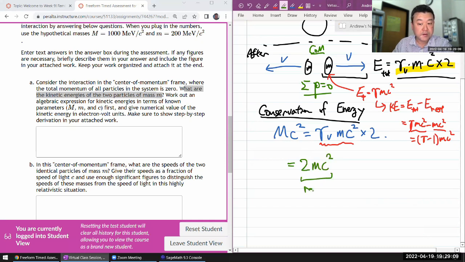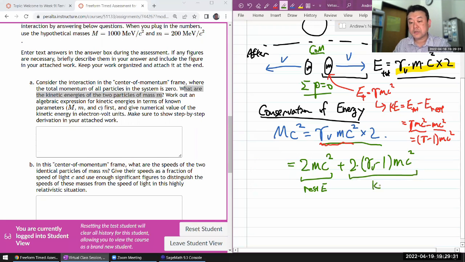This is my rest energy. And the kinetic energy portion is basically whatever I need to add so that I come back to this. So that's going to be 2 times gamma v minus 1 mc squared. So this portion is the kinetic energy.